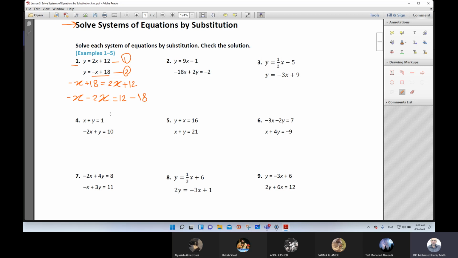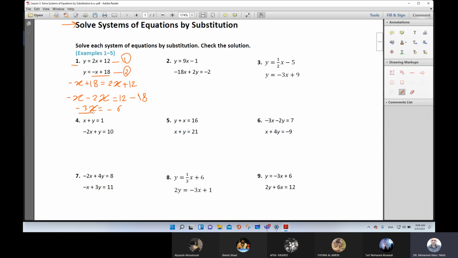Then combine the like terms. Here we have negative 1 and negative 2. Negative 1 plus negative 2 will be negative 3x equals 12 minus 18, which is minus 6. To solve this equation, we want to remove the coefficient.